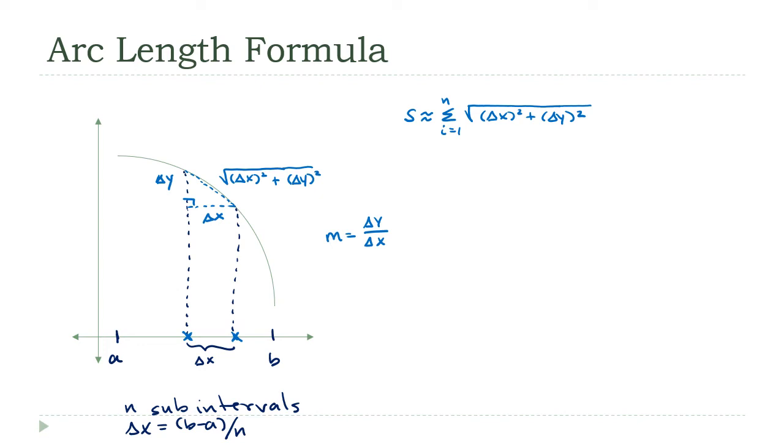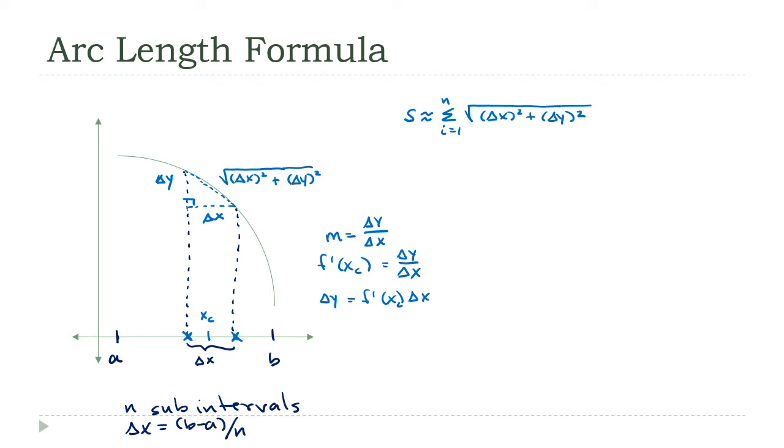Right, and then, like I said, the mean value theorem says that there exists a point on this interval somewhere, let's call it x sub c, such that f prime of x sub c is equal to that slope. All right, and that's the formula that I need to get rid of delta y. If I multiply both sides of this by delta x, delta y is equal to f prime of x sub c times delta x, and now let's make that substitution.